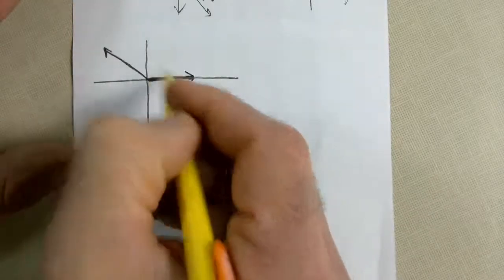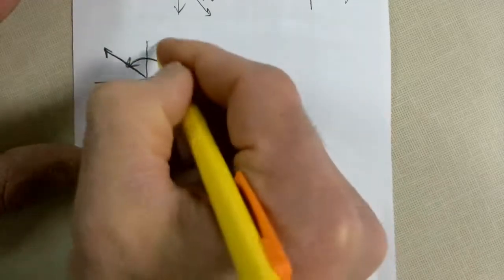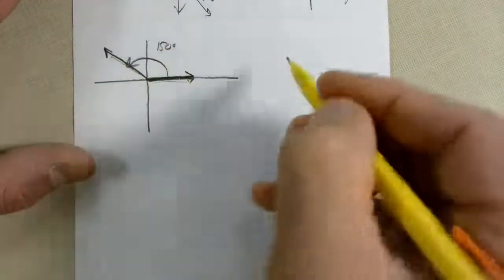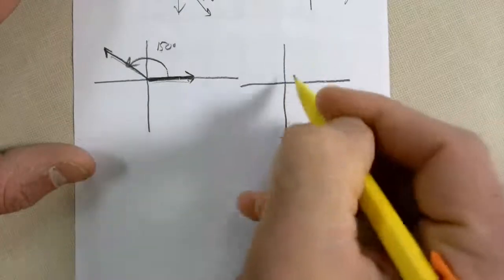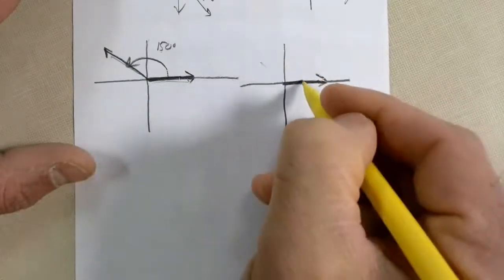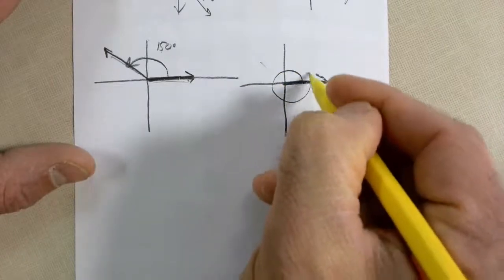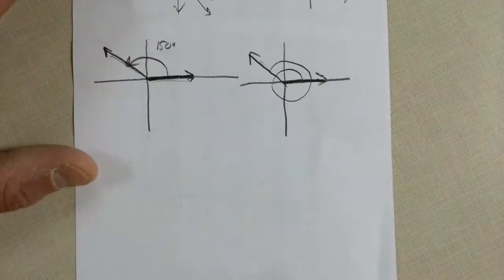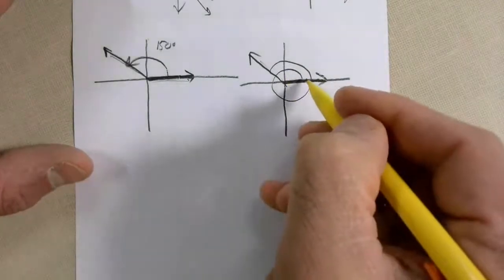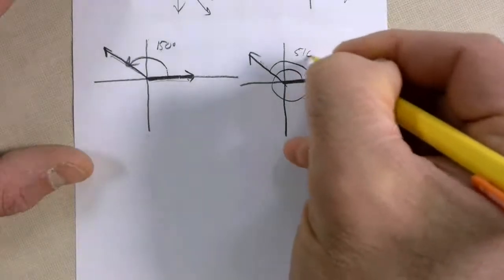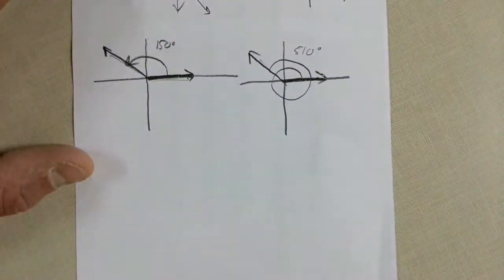If I start here and I rotate this way, that's 150 degree angle, initial side to terminal side. But suppose I do the same thing, but instead of stopping right here, I go around and then stop. It looks like it's in the same spot, but this angle is actually 360 degrees plus the 150. That's a 510 degree angle.